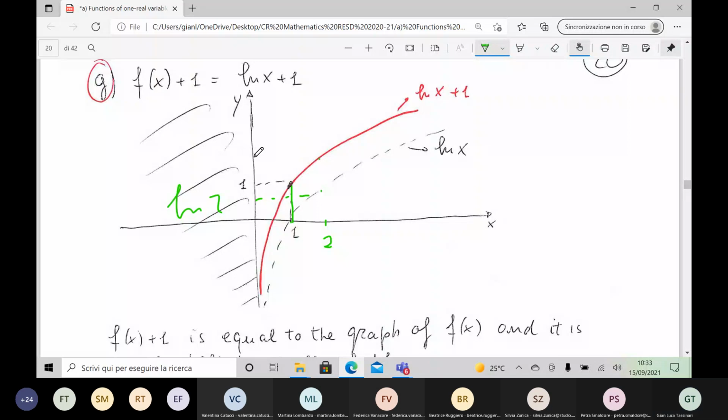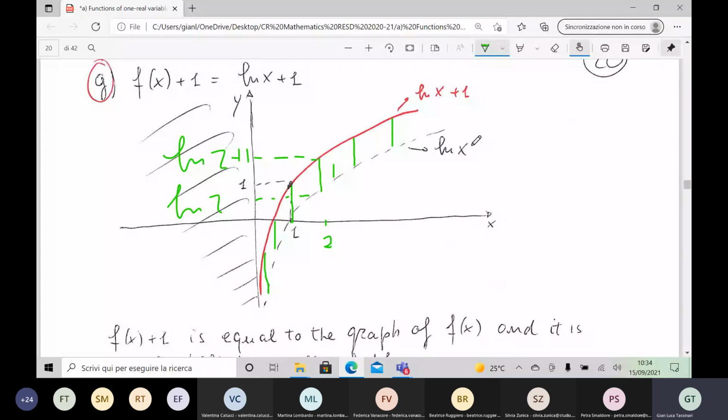So since here is ln of 2, this vertical distance again is equal to 1. So this would be ln of 2 plus 1. So essentially what I'm saying is that all the vertical distances must be equal to 1.